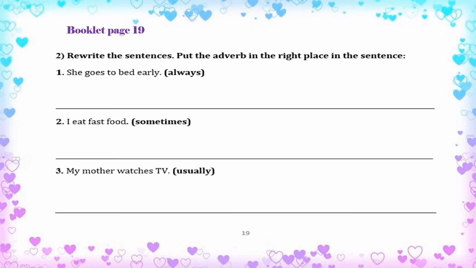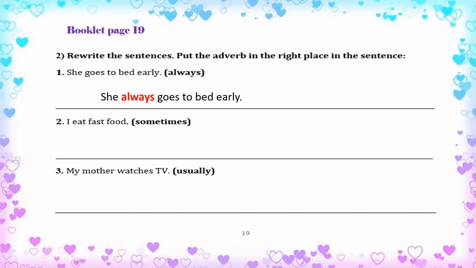Number 1, she goes to bed early. What do you think? Shall I say she goes to bed early always, or always she goes to bed early, or she always goes to bed early? Excellent. She always goes to bed early.